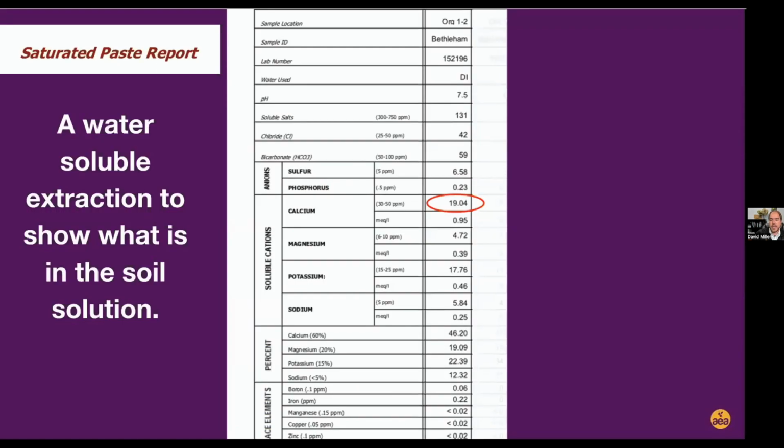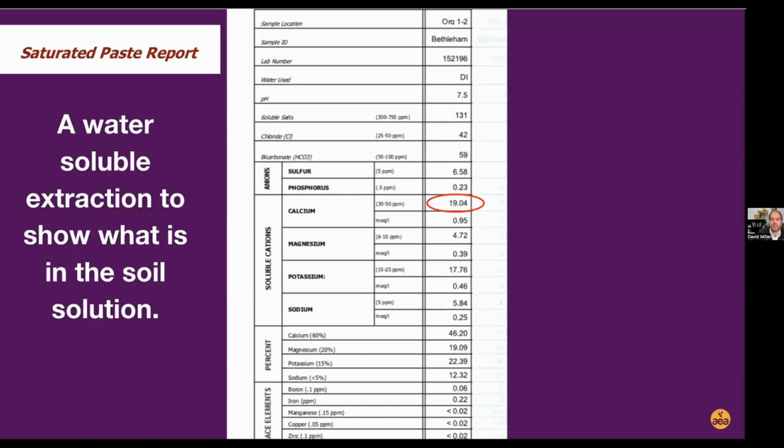Now this next test that I'm showing you is a saturated paste analysis, which is simply using deionized water and extracting what's in the soil solution. So it's just saying, what can my plants get very, very easily without any microbial or chemistry interactions, compared with what's on the ammonium acetate extraction.